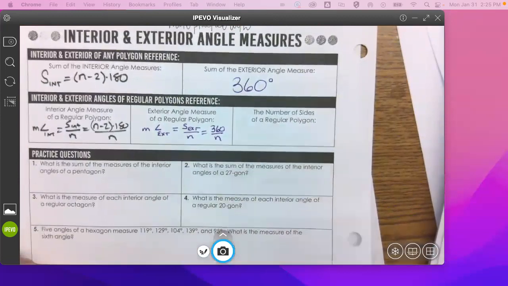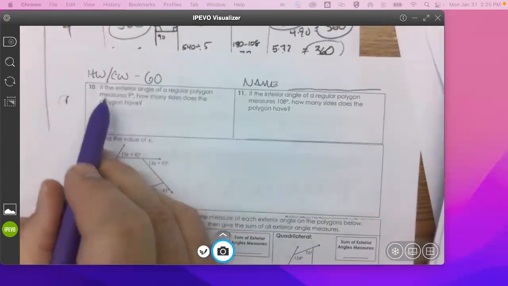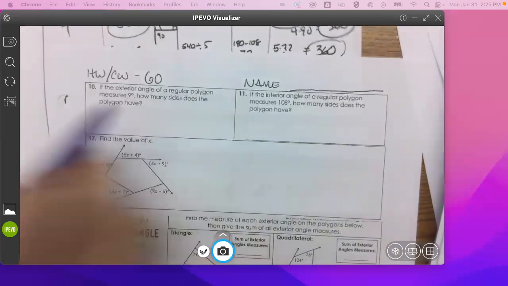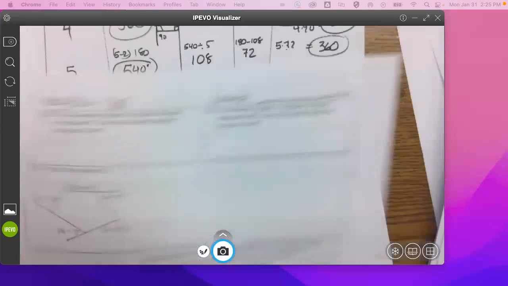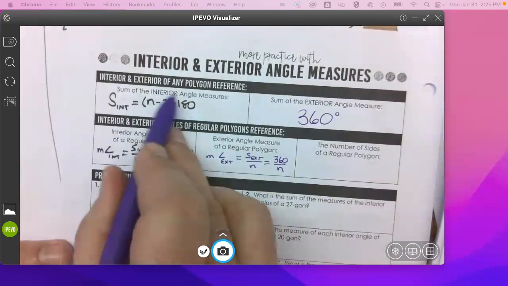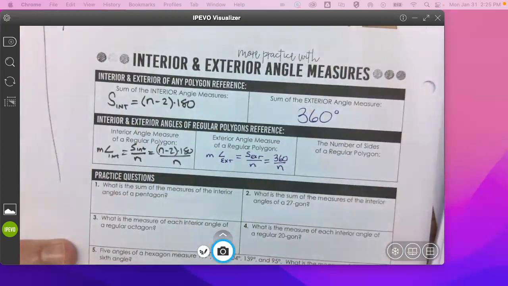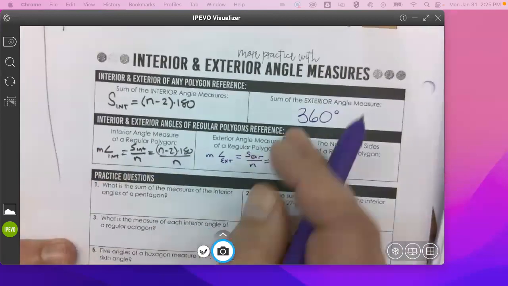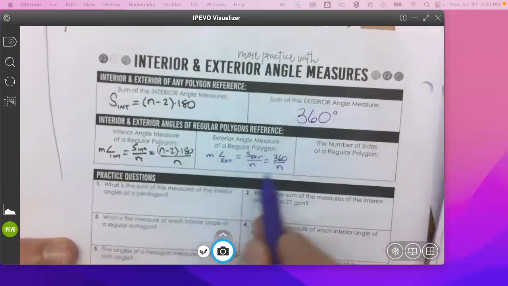So we'll come back to this in just a second. Flip back to side 1. If the exterior angle in a regular polygon measures 9 degrees, how many sides does the polygon have? So step 1 is figure out which of these 4 formulas you need. Are you talking about interior angles or exterior angles? Exterior, right? Are we talking about the sum of the exterior angles or the measure of a single one?